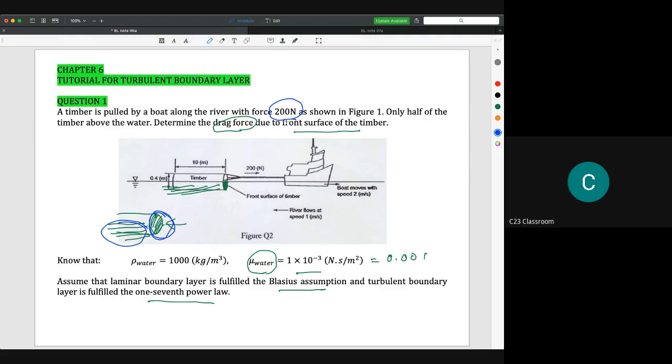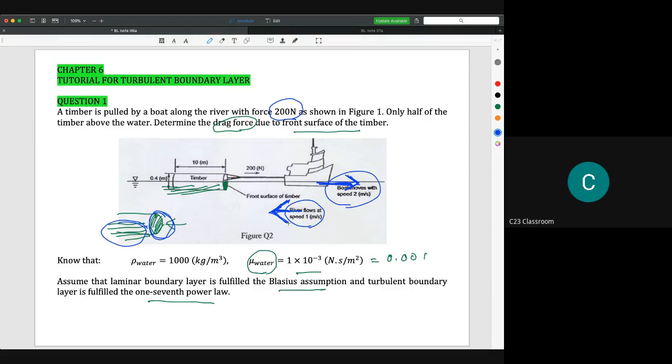Another thing that you should see in this problem is that the boat moves with a speed of 2 meter per second, and at the same time the river flows at 1 meter per second, and the directions of flow are not the same, so they flow in reverse direction. In this situation, you should create another situation in which the timber is fixed and the flow is moving at a certain velocity, because the directions are different.